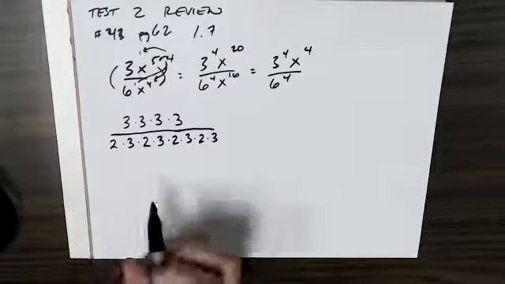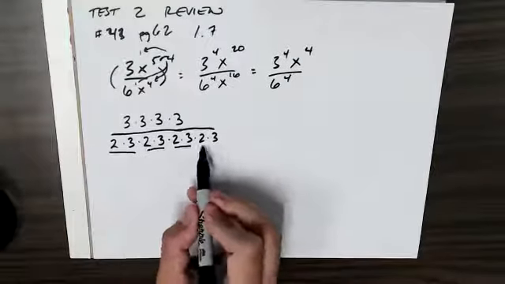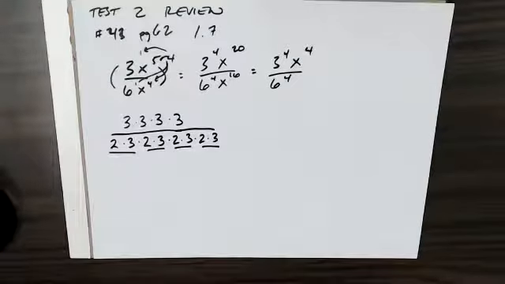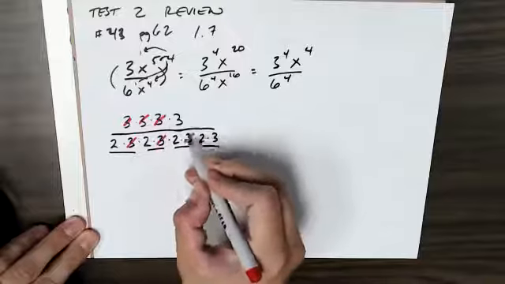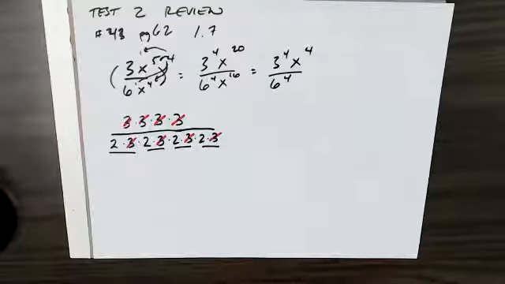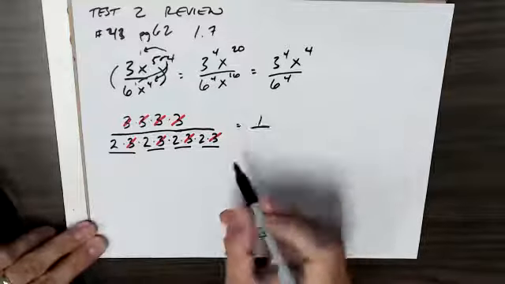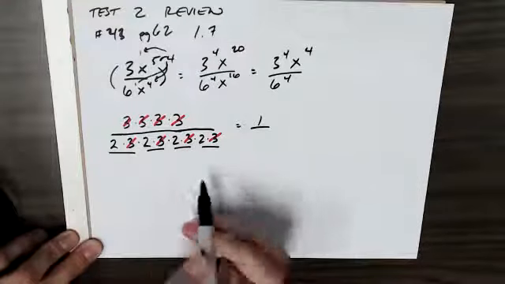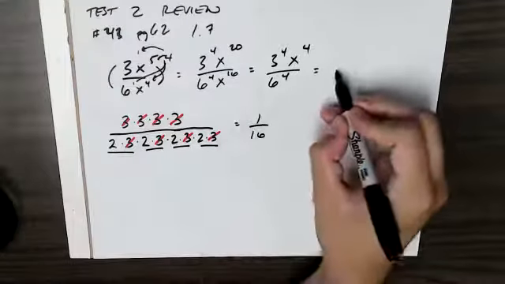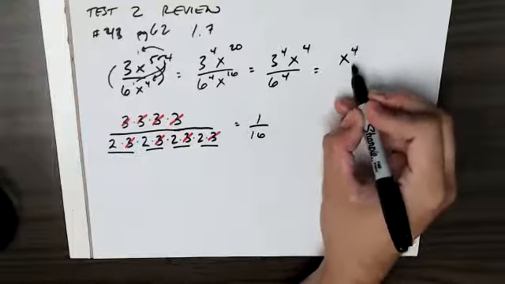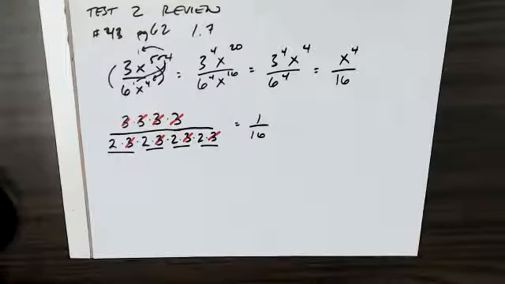Right? 6 times 6 times 6 times 6. And then I'm going to bust out the red Sharpie and cancel all the 3s out. 3 with that one, this one with that one, right? And I'm left with, now nothing's on the top, so it's 1. But then I'm left with 2 times 2 times 2 times 2. That's 16, right? So this winds up x to the 4th over 16.